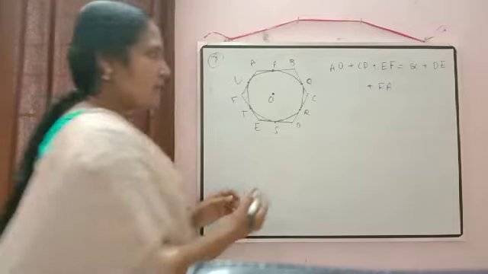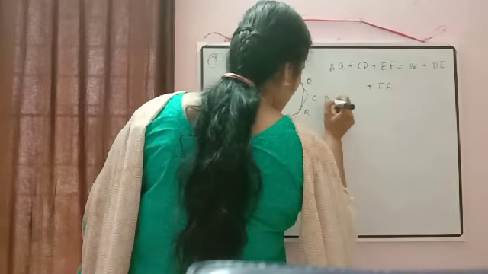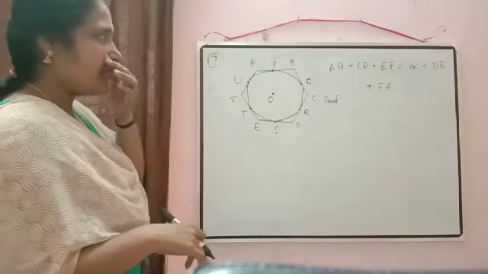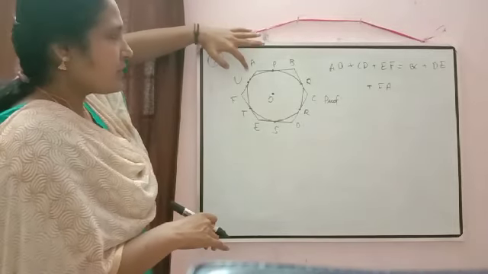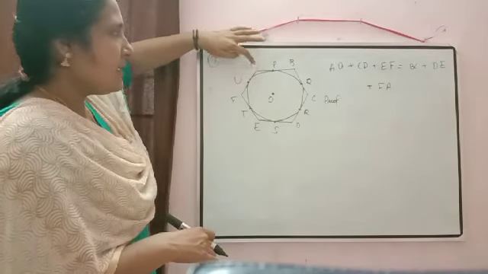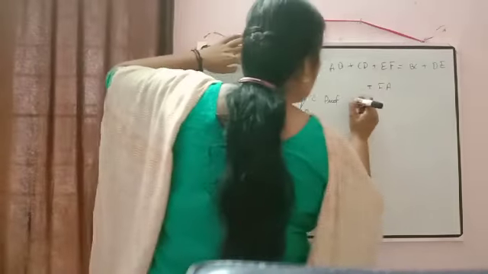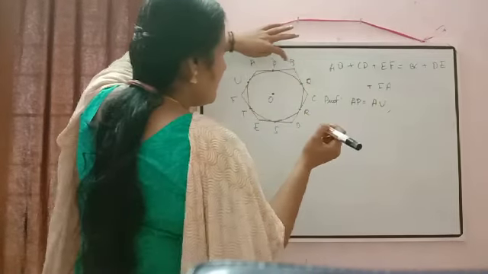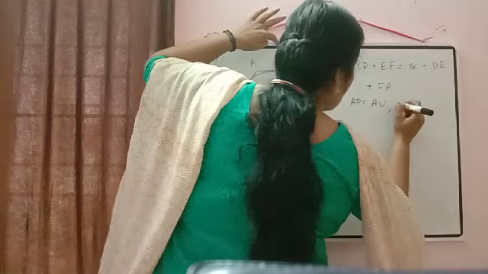Again, first we will write down all the tangents which are equal in length. We'll start with A. What are the two tangents which are equal in length? AP is equal to AU. Then BP is equal to BQ.